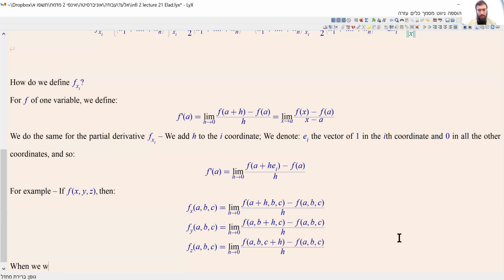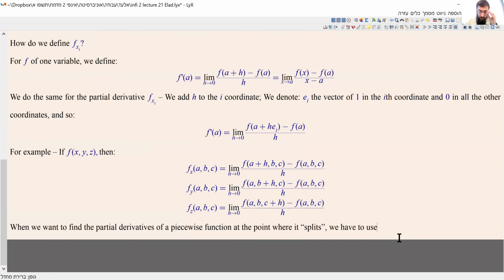When we want to find the partial derivatives of a piecewise function at the point where it splits, we have to use the definition.